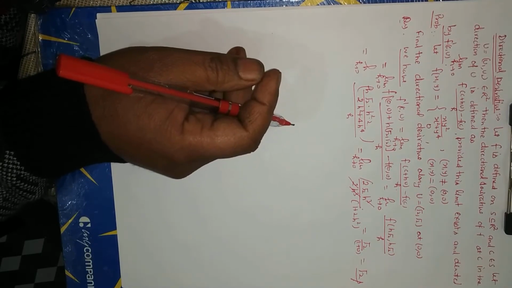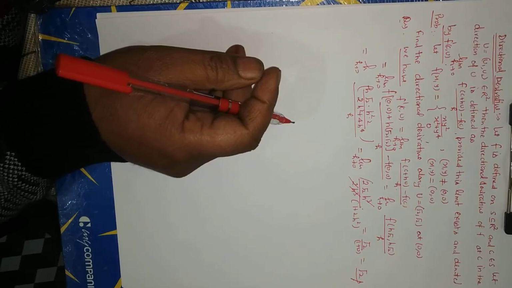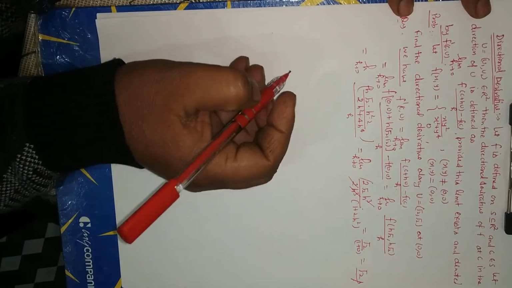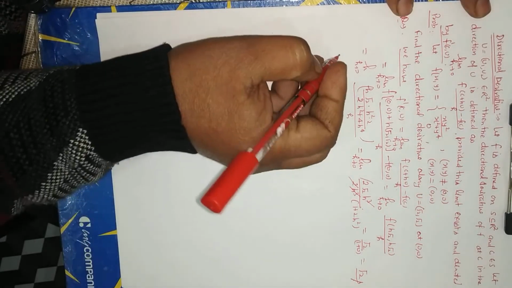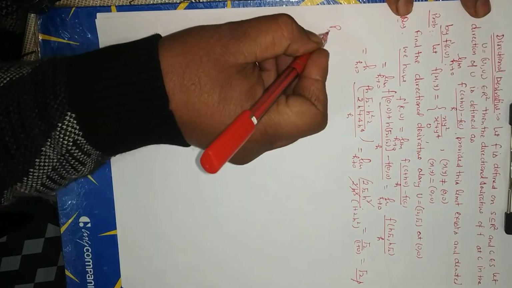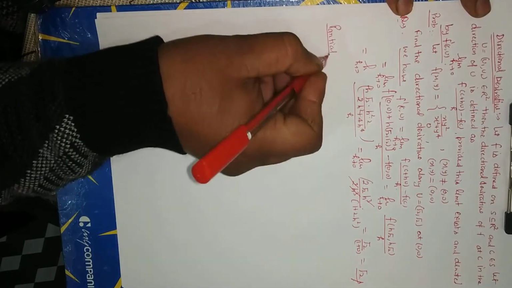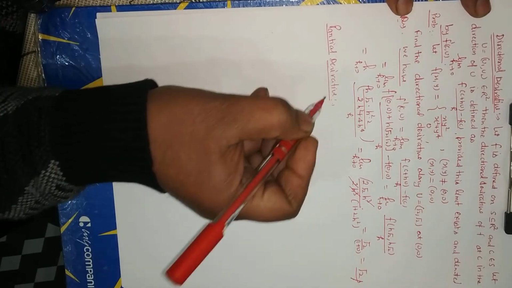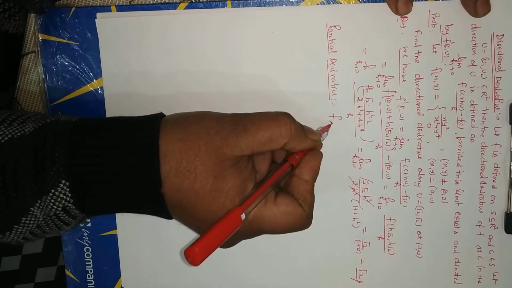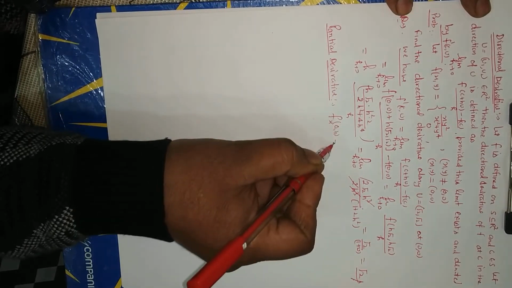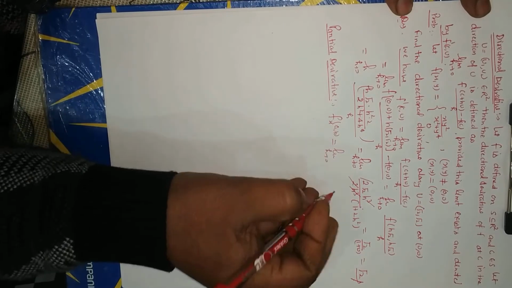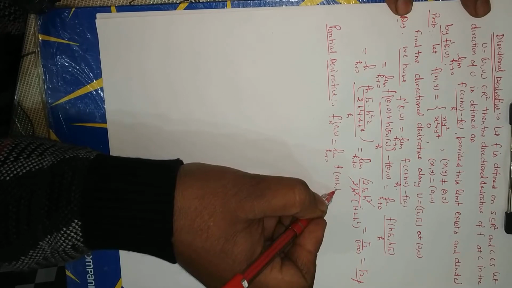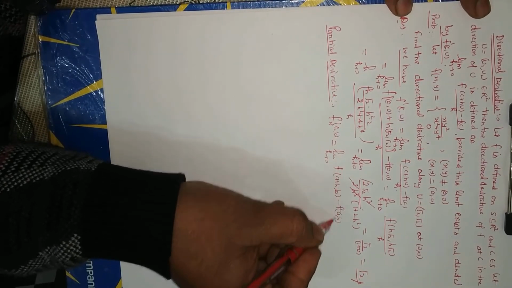Now we have the partial derivative of the function of two variables, which can be denoted as follows. The partial derivative f of x at a comma b can be written as limit h tending to 0 of f of a plus h comma b minus f of a b upon h.